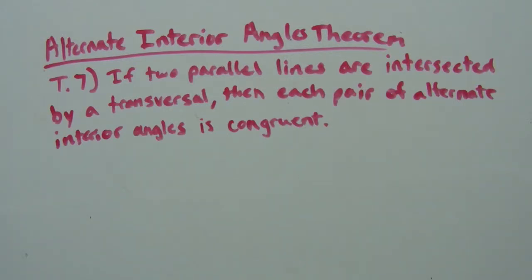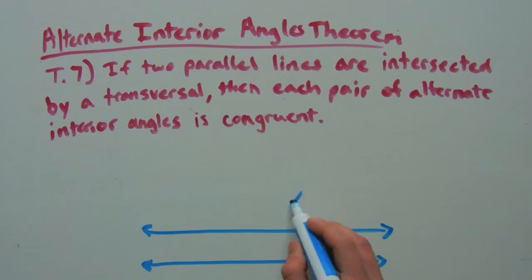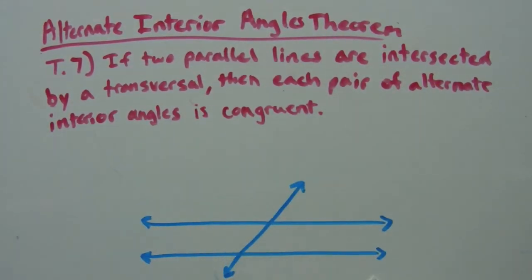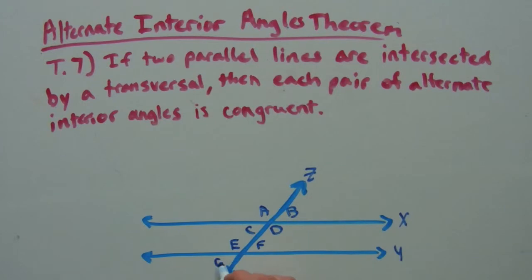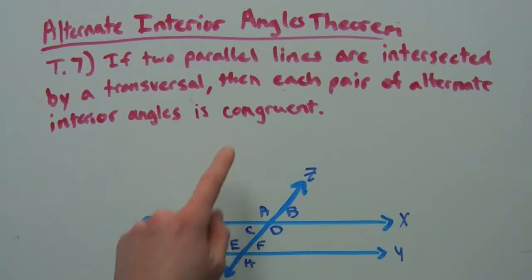So let's draw a picture again. We have two parallel lines, x and y, cut by some transversal z, then each pair of alternate interior angles is congruent.